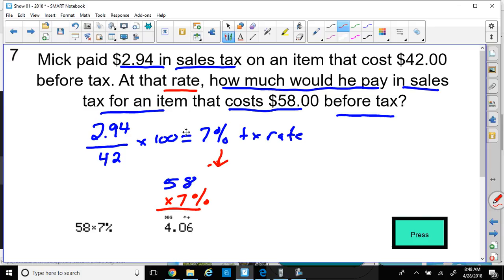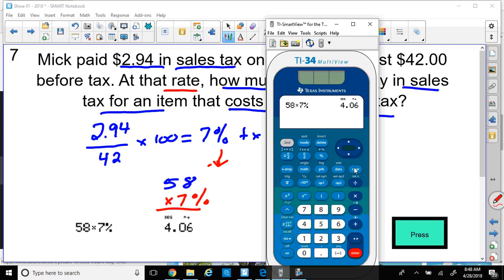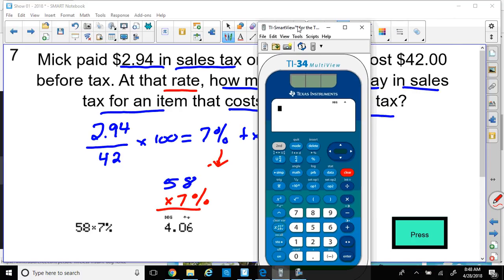Now, how do you know that's correct? Well, we can check it. If the sales tax is 7%, let's just make sure we're correct. So let's clear this and go back to the very start of this thing because it says this guy paid $2.94 sales tax on something that cost $42. So if my sales tax is 7%, let me multiply $42 times 7% just to see if it comes out to what they say he paid.